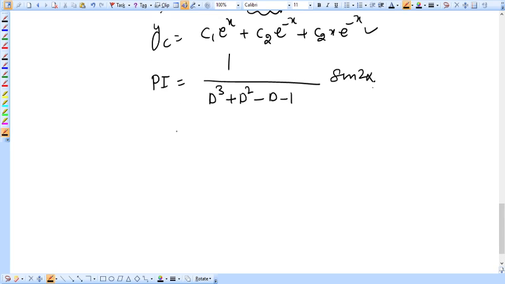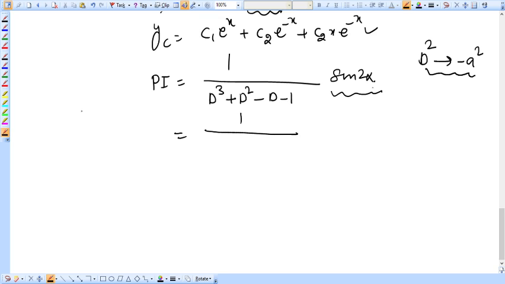So it is equal to, now as you can see, here we are having sine 2x, so in this case we are going to replace d square by minus a square as per the rule number 2. So d cube is equal to d square into d, so d square would be replaced by minus 2 square.